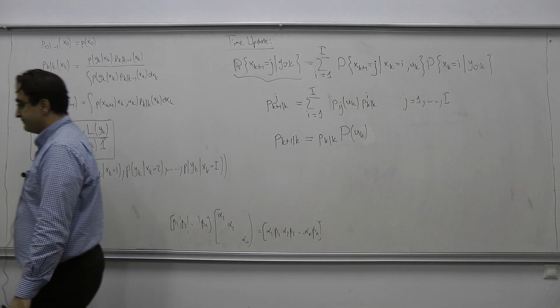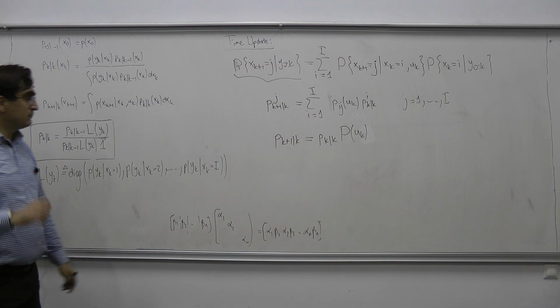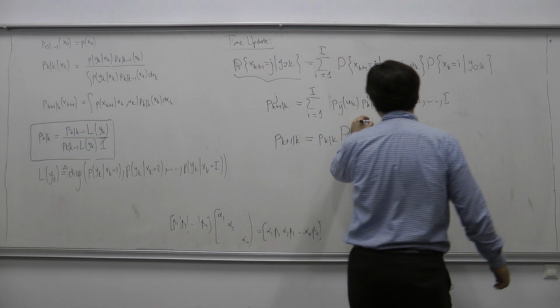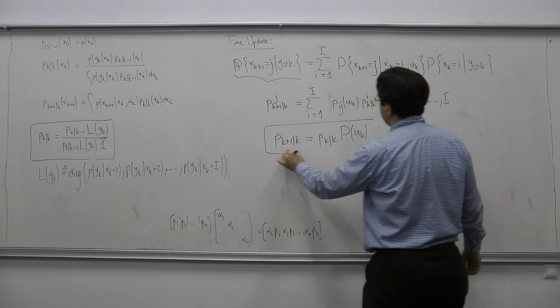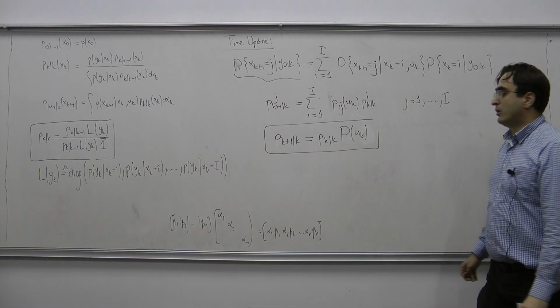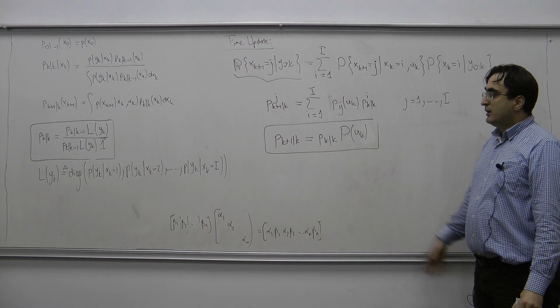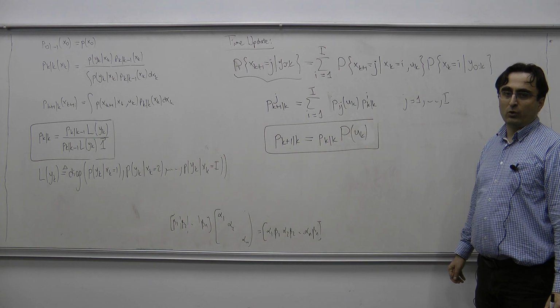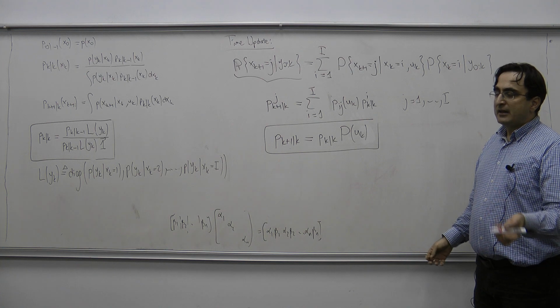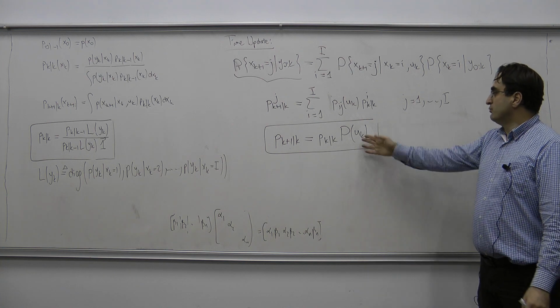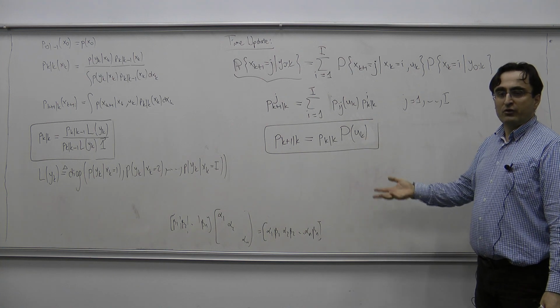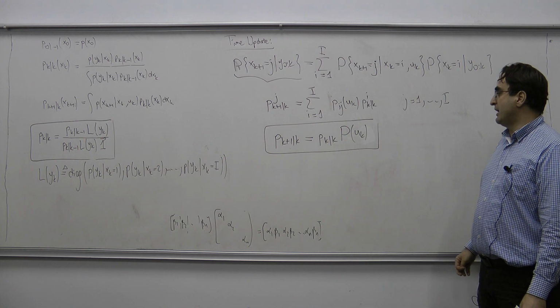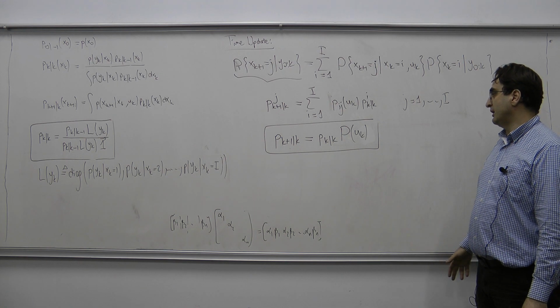Okay? So this is how prediction update is made for a finite state Markov chain. In the past, remember, we have actually derived such a formula. Okay? But in that case, we could predict the Markov chain without any measurements.